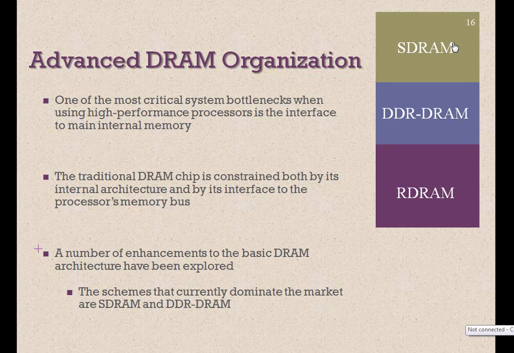Advanced DRAM organizations: one of the most critical system bottlenecks when using high-performance processors is the interface to main internal memory. The traditional DRAM chip is constrained both by its internal architecture and by its interface to the processor memory bus. So a number of enhancements to the basic DRAM architecture have been explored.